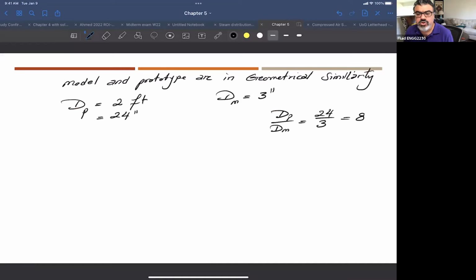So this is basically our geometrical scale, 8. Every dimension in the valve model will be basically 1 over 8 of the actual dimension in the full scale valve.